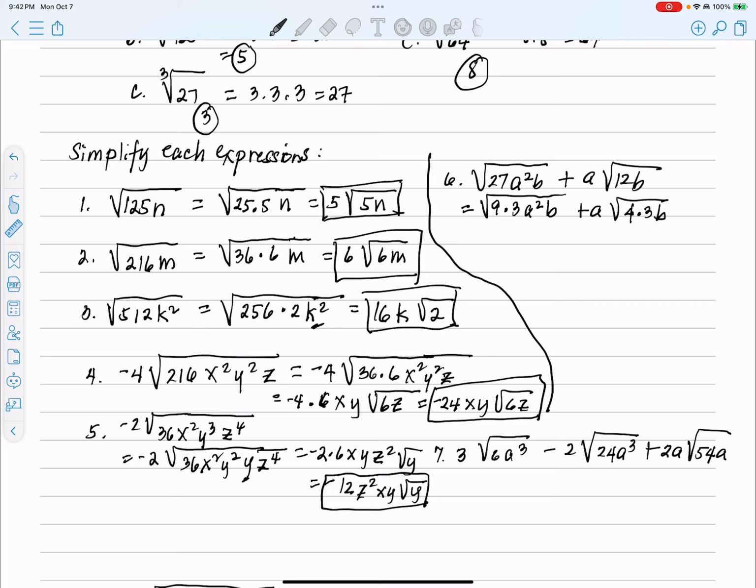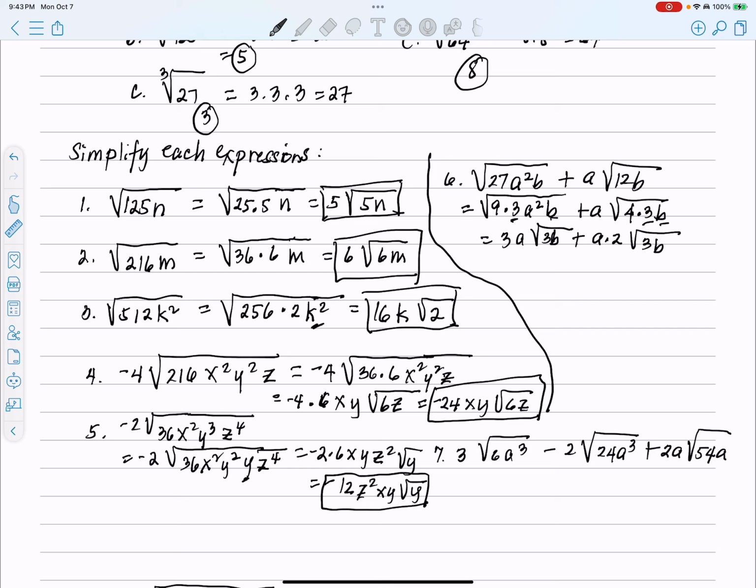So we can take out 9. Square root of 9 is 3. Square root of 3, we cannot simplify that. Square root of a squared is a. So what is left inside is 3 and b. Cannot be simplified anymore. Plus a times square root of 4 is 2. And what is left is 3b.